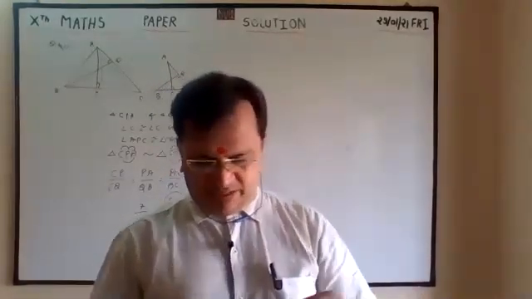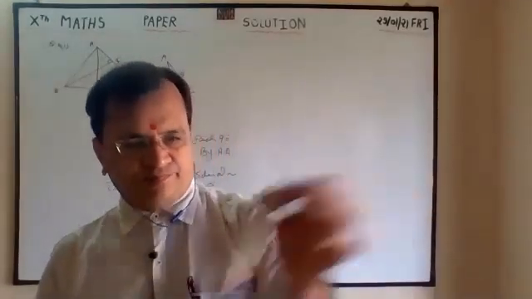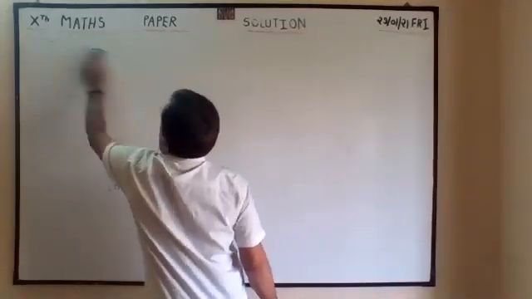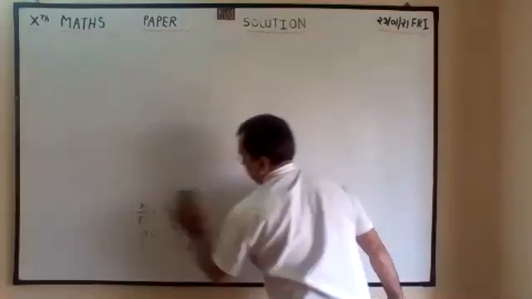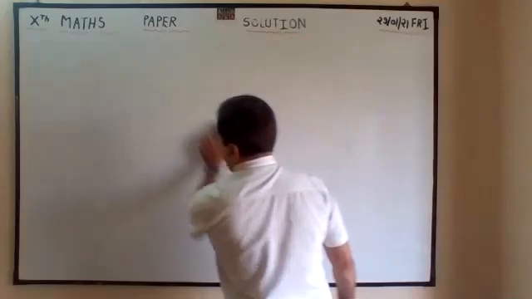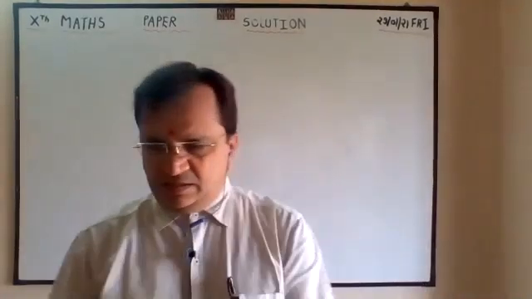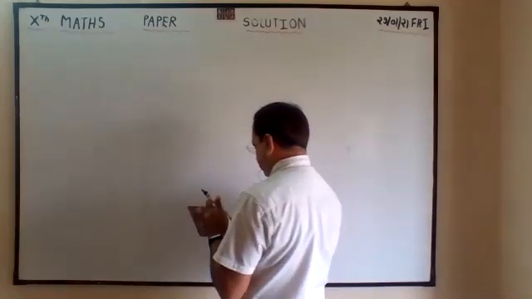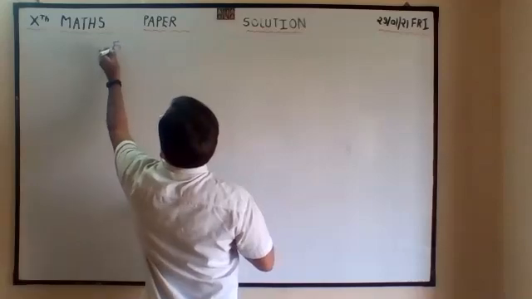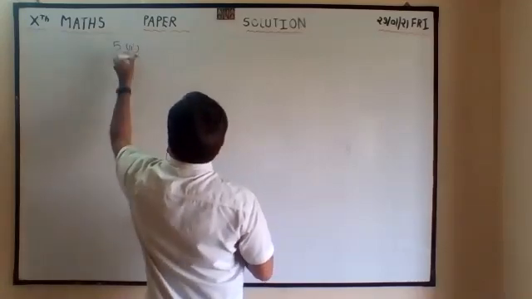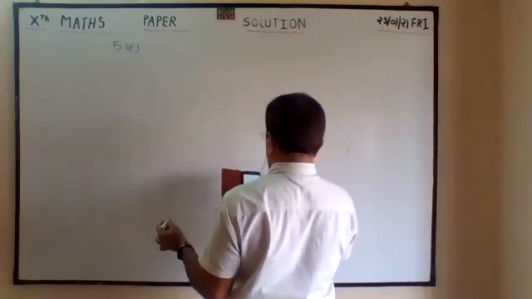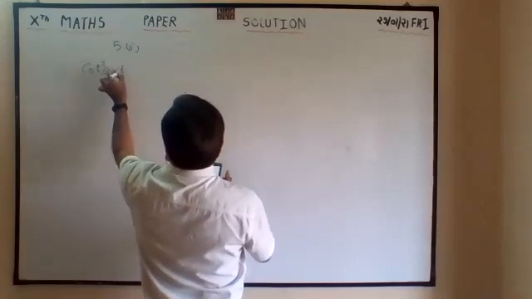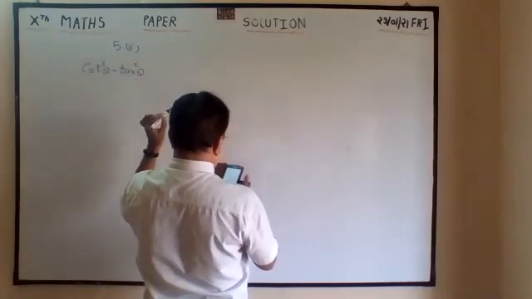Now the trigonometrical equation is given. Observe in this type of proof, observation of the diagram is very, very important. Question number 5, B. It is given cot square theta minus tan square theta.